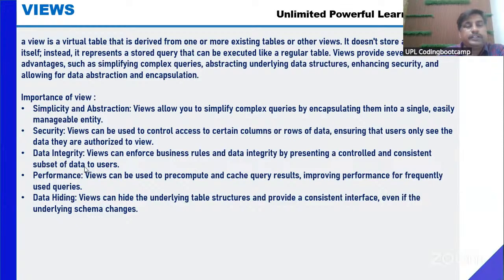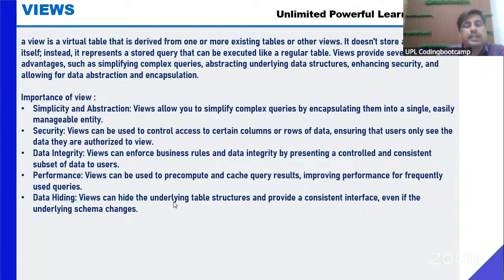Data integrity is the third point. Views can enforce business rules and data integrity by presenting a controlled and consistent subset of data to the users. Performance: views can be used to pre-compute and cache, so we can improve performance as well if required.